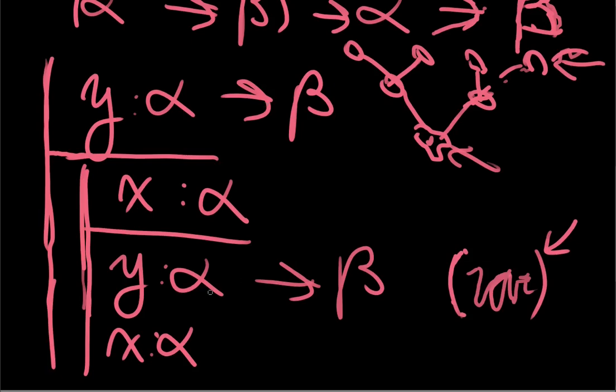And then for the second term, the exact same thing. Every line here within a certain scope corresponds to a judgment. So on the second line, our term is X, our context is the same. It's these two variables, and then our type is alpha.